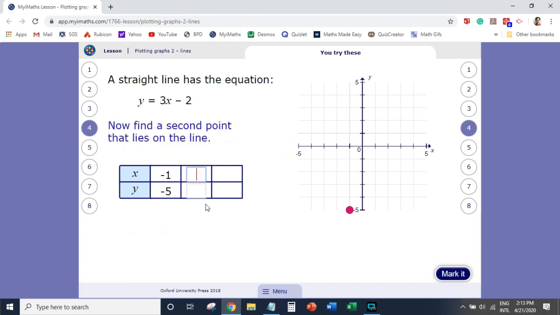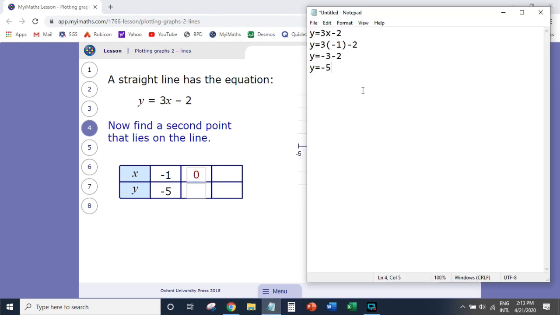Okay, let's say I will think of 0. If that is 0, again, I will write the process, as if I'm doing the process in a notebook. So y equals 3x minus 2, and then I will change my x to 0 because I assigned 0 for x. So 3 times 0, and then copy minus 2.